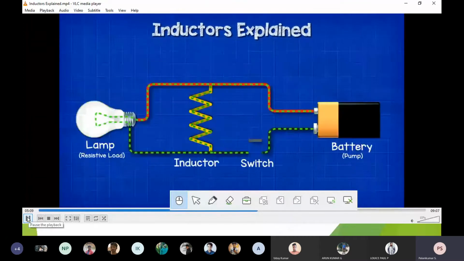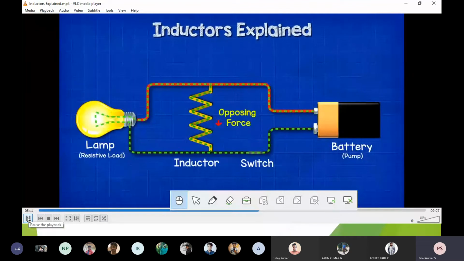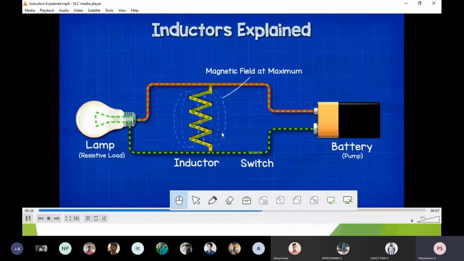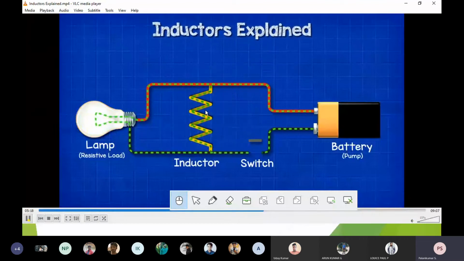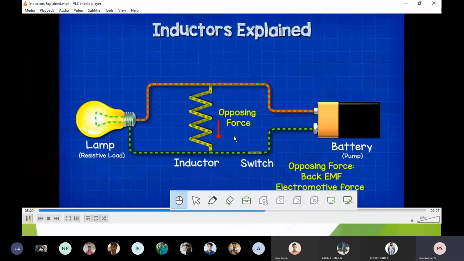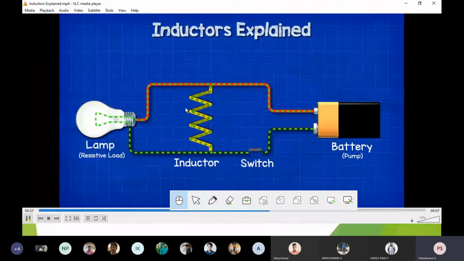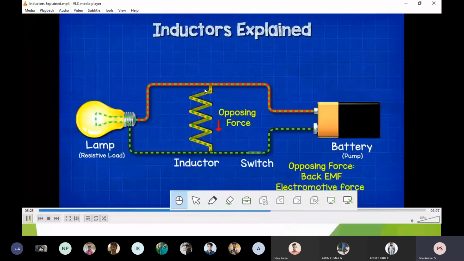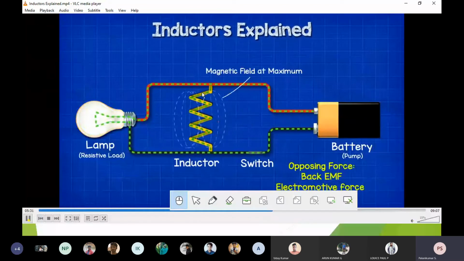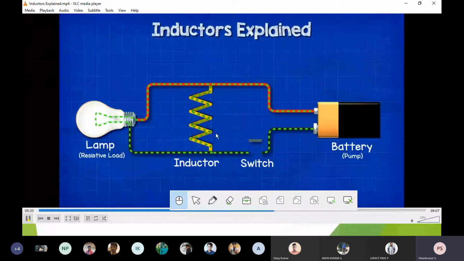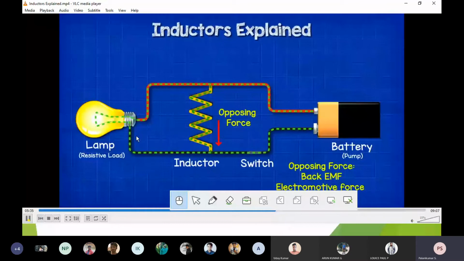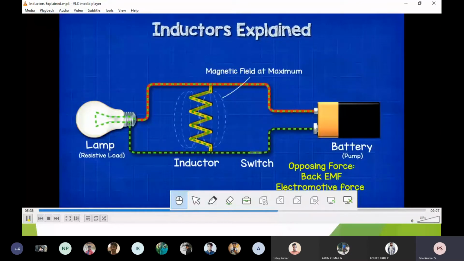While the magnetic field is developing there is an opposing force; once developed, no opposing force, and this energy is supplied to the lamp. This is how the inductor is energized and de-energized. So it is storing energy in the magnetic field.